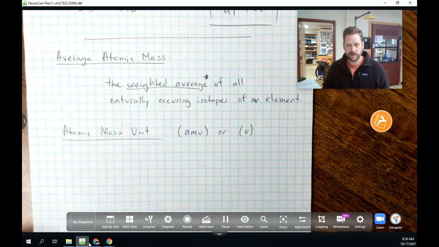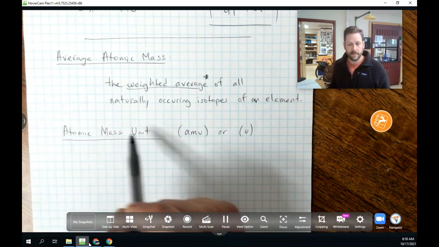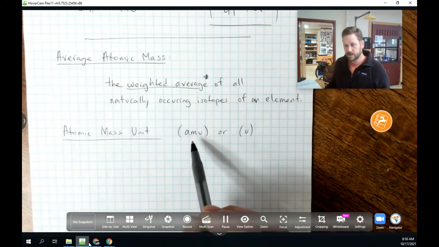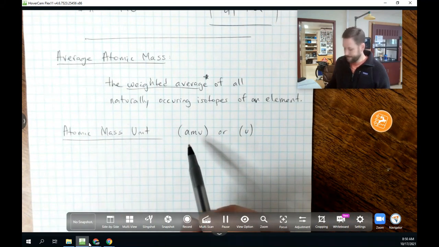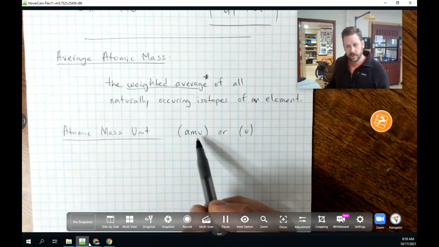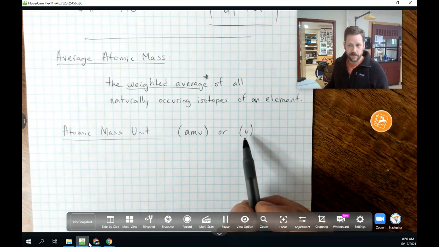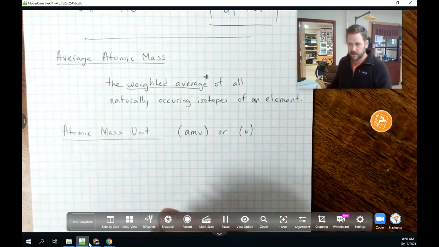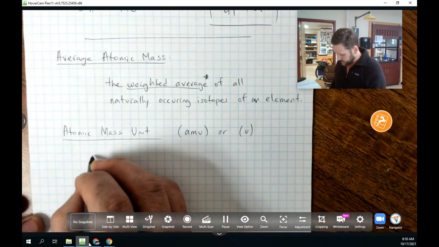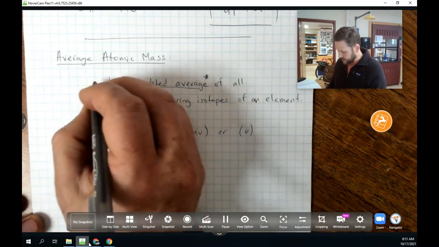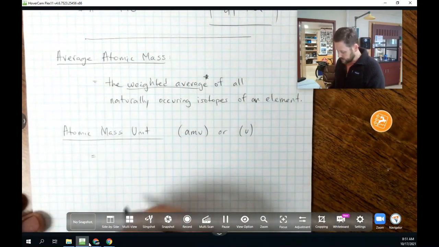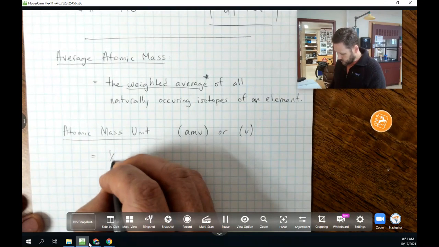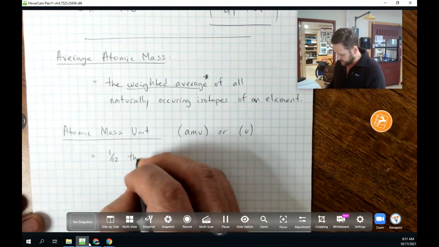So instead, we've invented a new unit of mass called the atomic mass unit. And the symbol for this unit is the AMU, or sometimes it's just written as a lowercase letter u. And we're going to define it just like a gram has to be defined or standardized. The AMU is defined in terms of 1/12 the mass of a carbon-12 atom.